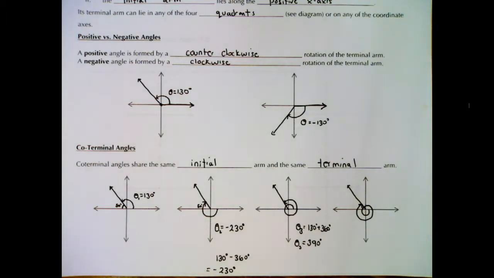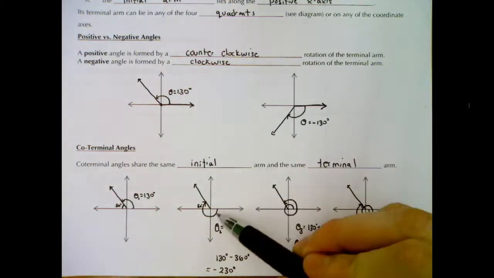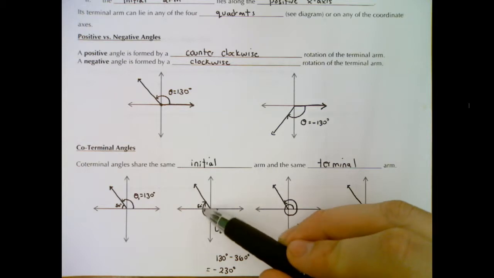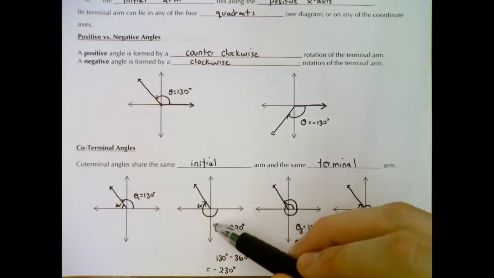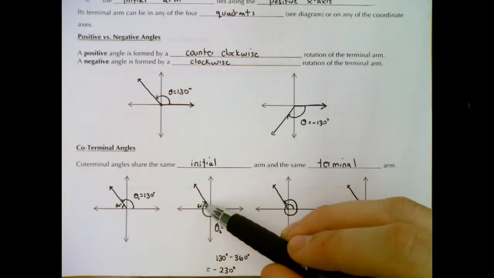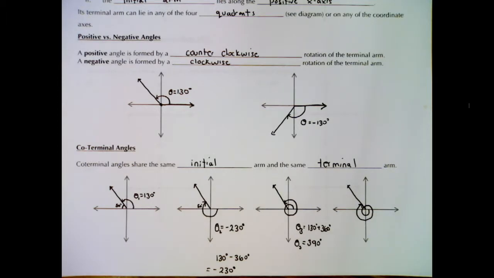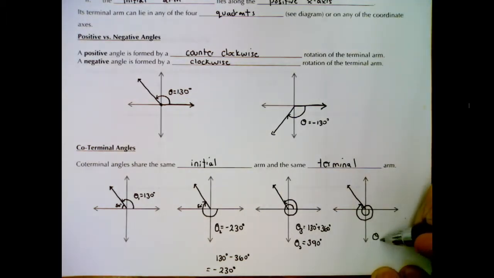And how do I find that? Well, the first time we went backwards and ended up, it was minus 230. And if I go around one whole more rotation, that'd be another 360 degrees in the negative direction. So my fourth angle would be negative 230, which was the first time we went backwards and ended up there, and we would subtract another 360 because we're going another full rotation, and that would be minus 590 degrees.